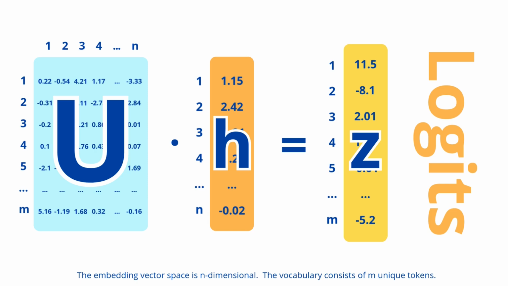Does this vector have anything in common with the probabilities for individual tokens? A bit like that, but for sure it's not probability because it doesn't sum up to 1. And how would you understand the elements of the vector? I believe that the higher the number, the more likely it is that this is the token that the language model wants to show us. I think that is quite a good intuition.